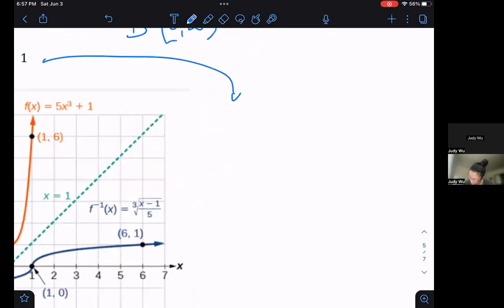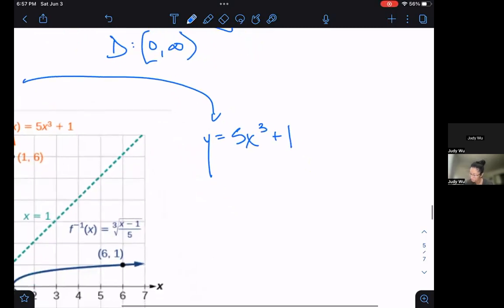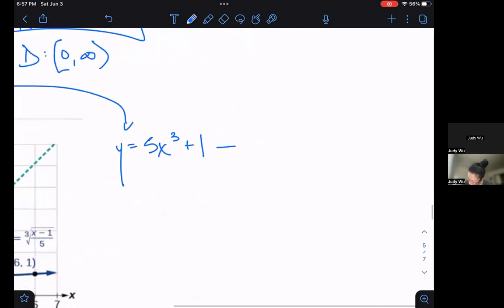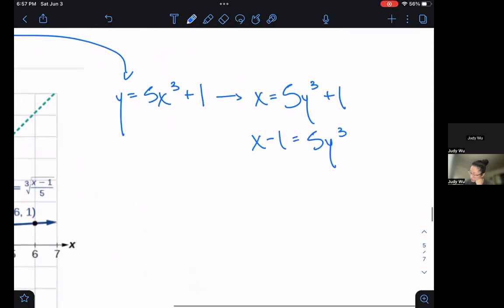All right, so first things first, y equals 5x cubed plus 1. All right, let's switch our x's and y's. So x equals 5y cubed plus 1. Now I'm going to isolate the y, or I'm going to solve for that. So first thing I'm going to do, I'm going to subtract 1 from both sides. Then I'm going to divide by 5.